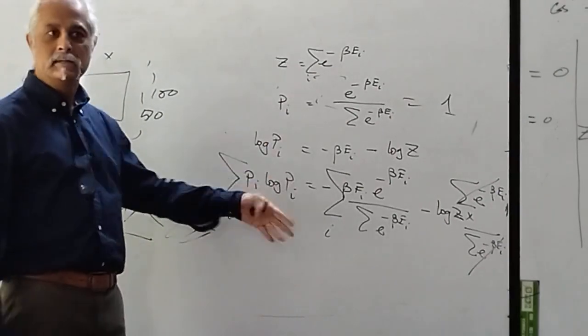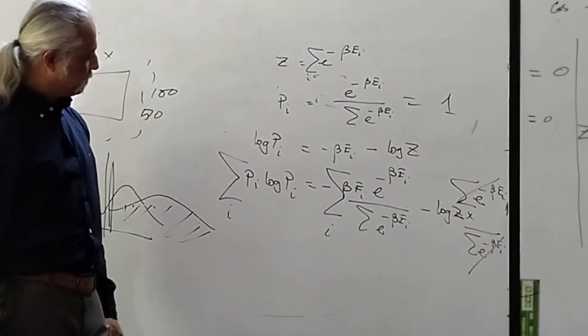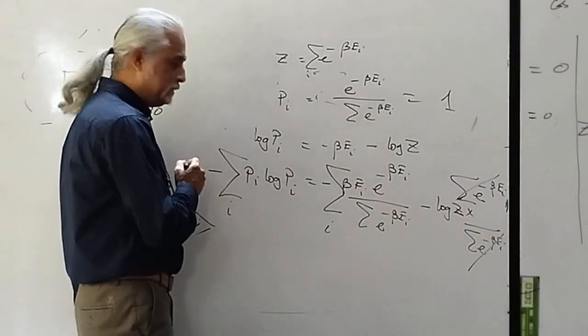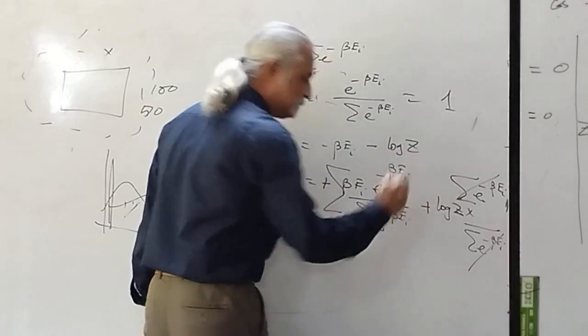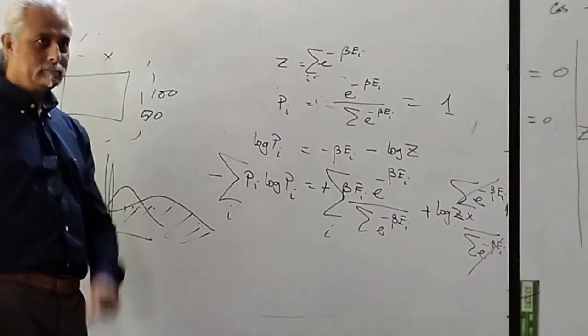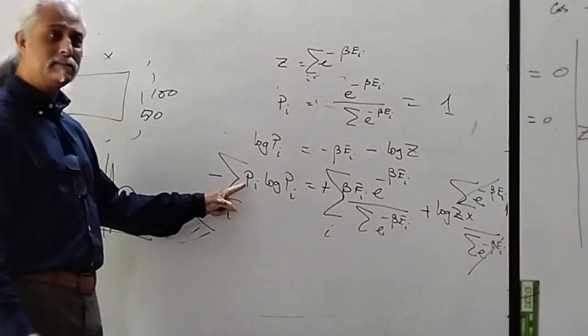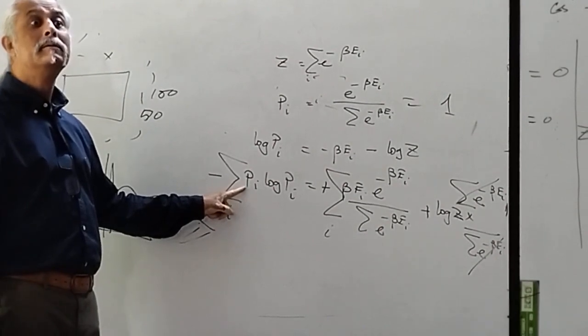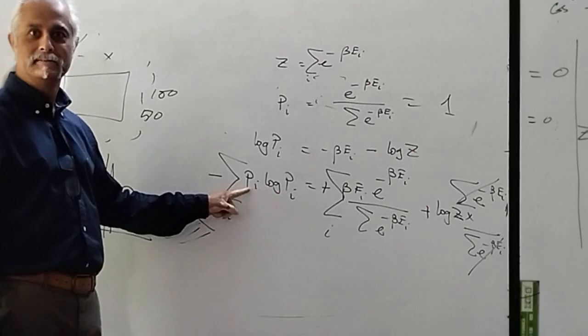We are just doing some surgery here. And if I multiply by minus sign, minus this, plus and plus. Can you recognize this? Entropy. Well, this is entropy.